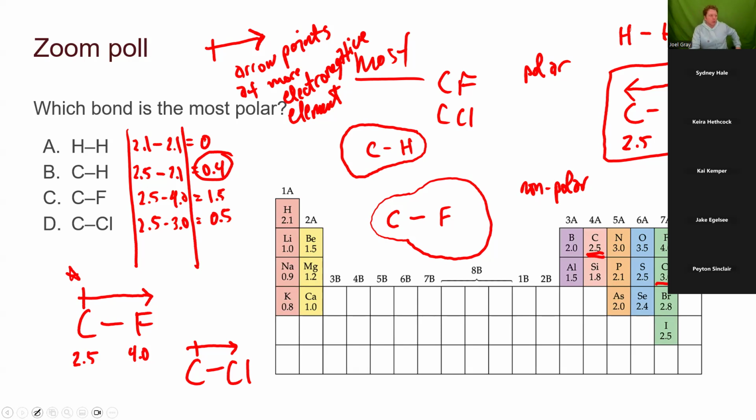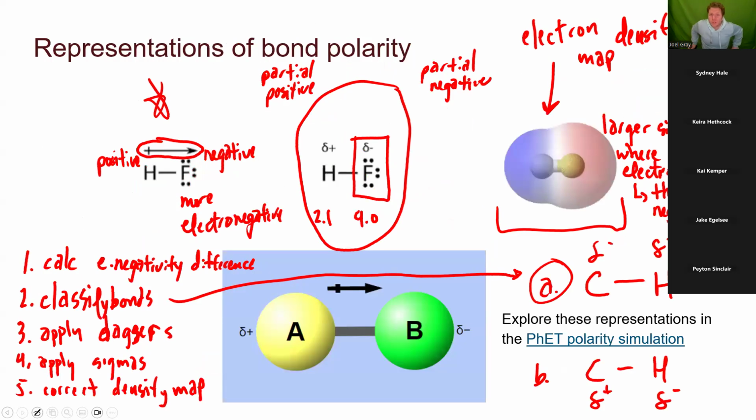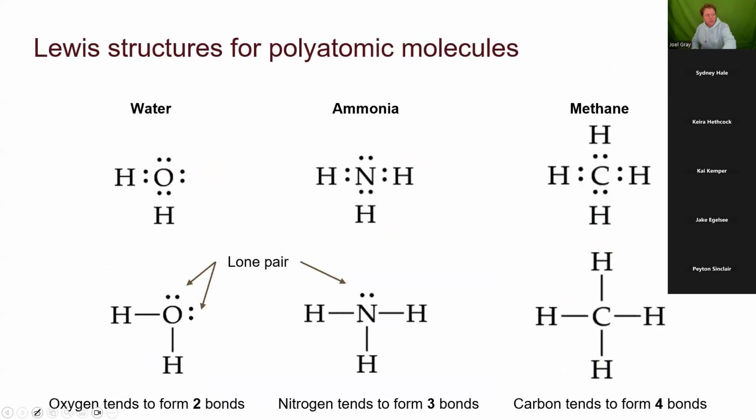Okay, so these are five good questions that you could have and be able to answer based on all of this. What we're talking about here is just bonds. When we talk about bonds, we also want to be able to apply those to a molecule, so we're looking at this in the context of individual molecules.